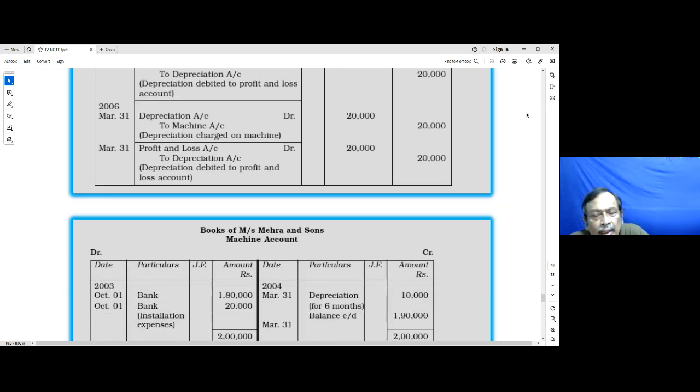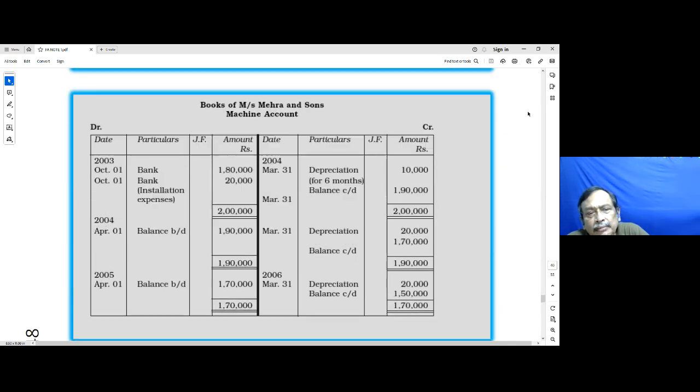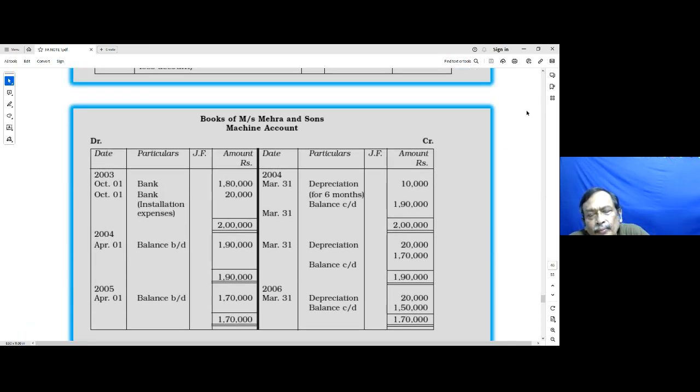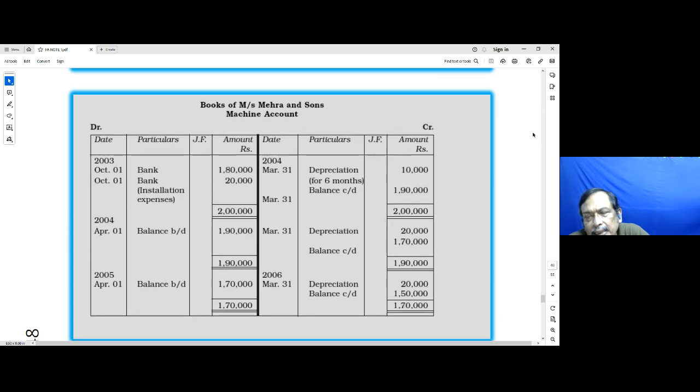Then in the machine account we are writing bank 1,80,000, bank 20,000, total is 2 lakhs. Remember, on 1st October it was purchased. Then up to March 31st, depreciation will be for 6 months, that is 10,000.